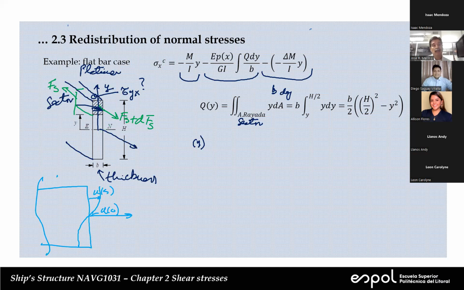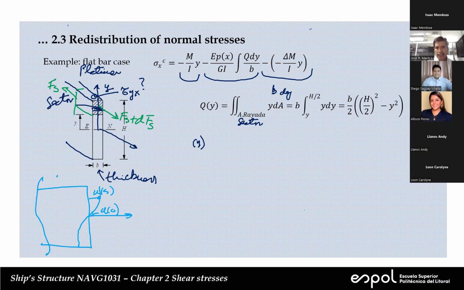According to our explanation, there are certain points where the shear stress is null: either the edge is free, or we can consider the consequence of having a symmetric section. In those two cases, the shear stress is null.